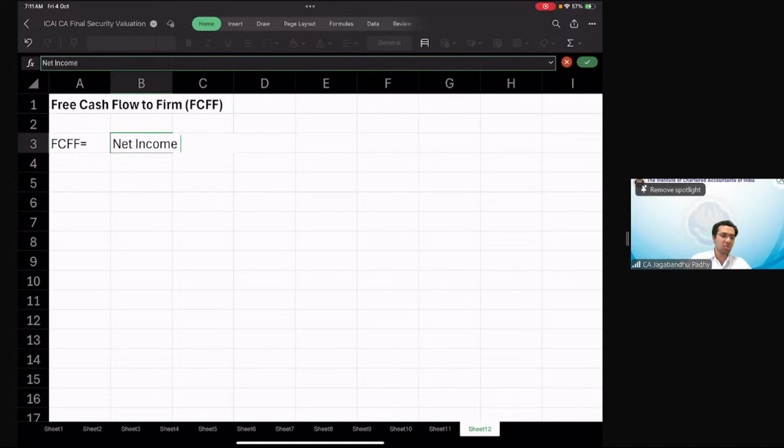Okay. So now I need to add back, and I need to subtract certain items. Before I put up the names, can you tell me what all things I should add back to arrive at the free cash flow from the profit after tax or net income? First, let's talk of what all things should be added back, and then we will think of what should be subtracted.